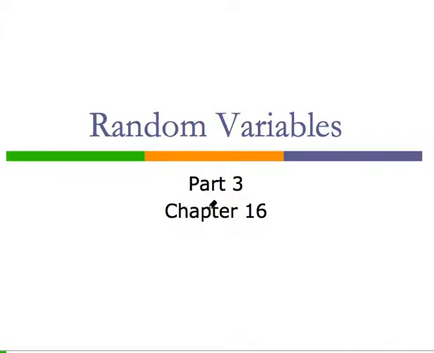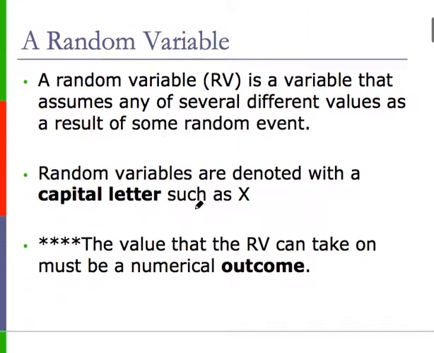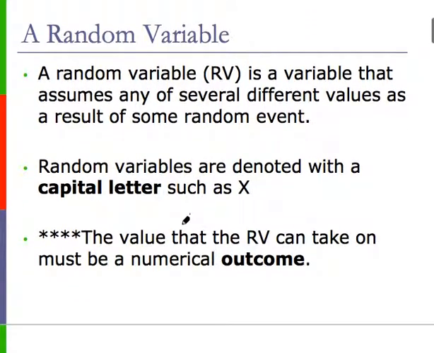Okay, so chapter 16. First of all, we're going to be talking about several different types of variables and how they pertain to statistics. First of all, a random variable. We don't usually see the letters RV, but I wanted you to see that in case I need to write it that way. A random variable is a variable that assumes any of several different values as a result of a random event.